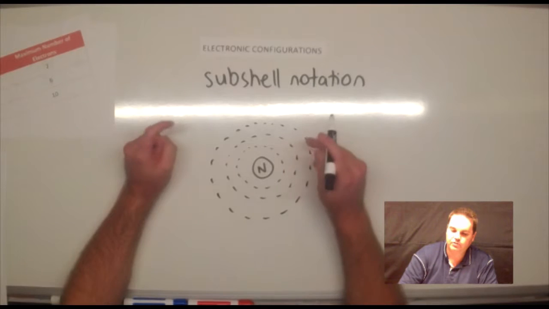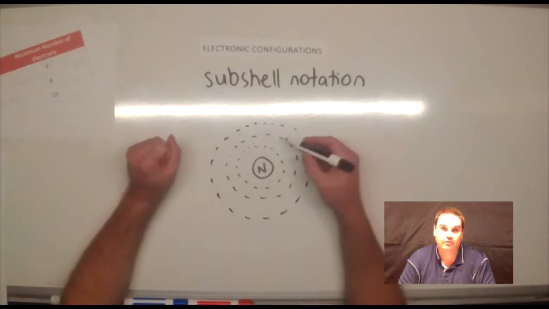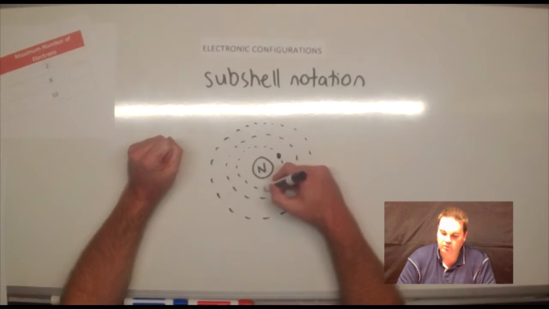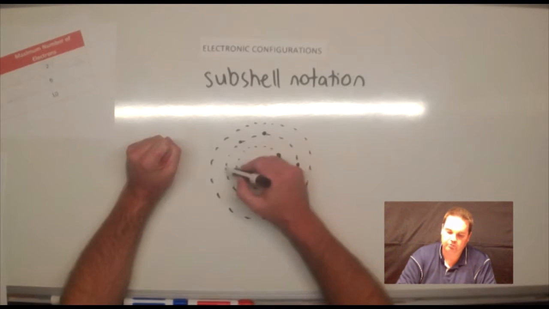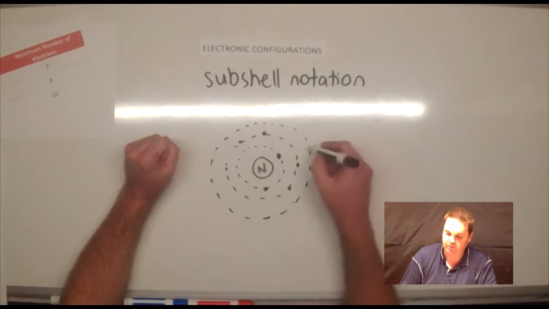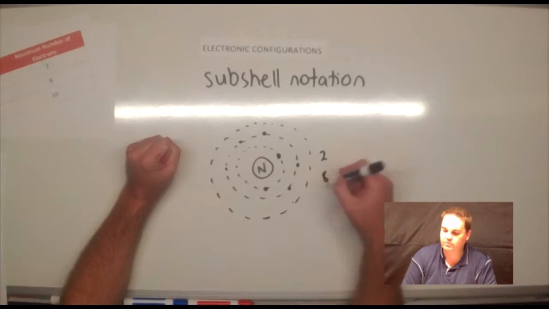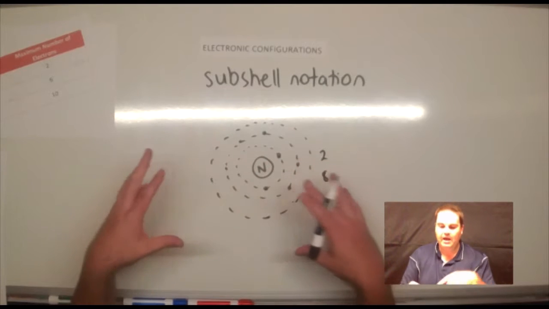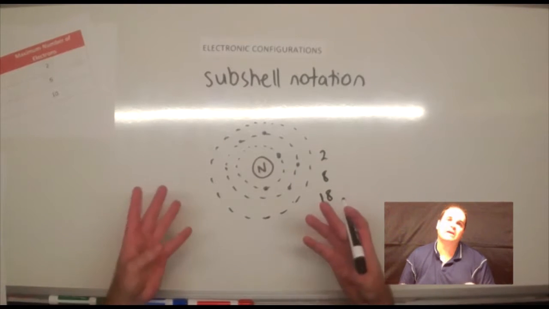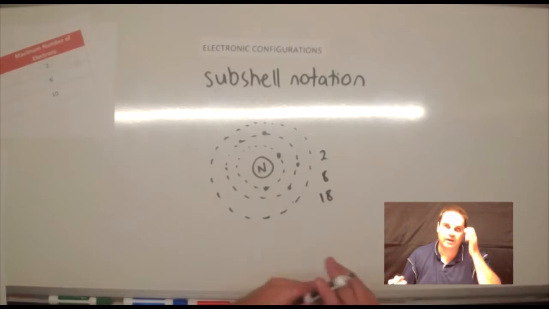Each of these electron shells can hold a certain number of electrons. The first shell can hold 2, the next one can hold 8, and the next one can hold 18, and it keeps going. Each shell gets progressively bigger and can hold more electrons.